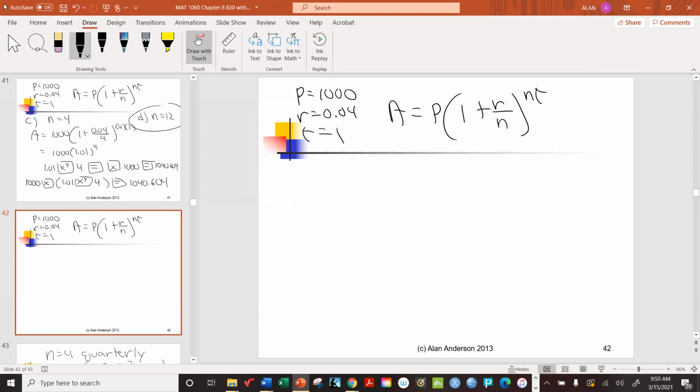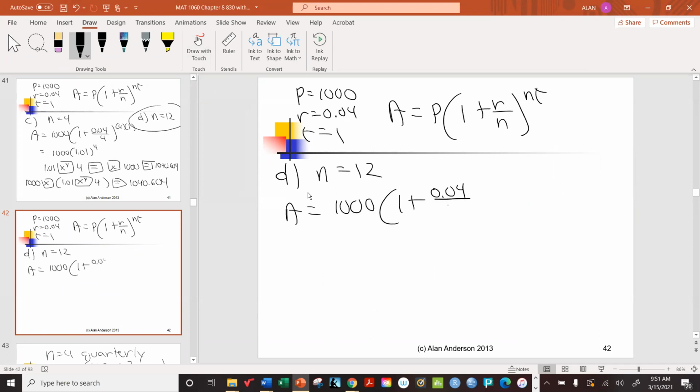For part D, we're going to have n equals 12. So we've got A equals 1,000 times 1 plus 0.04 over 12. Now 0.04 over 12, unfortunately, is not an even value. It's a repeating decimal.